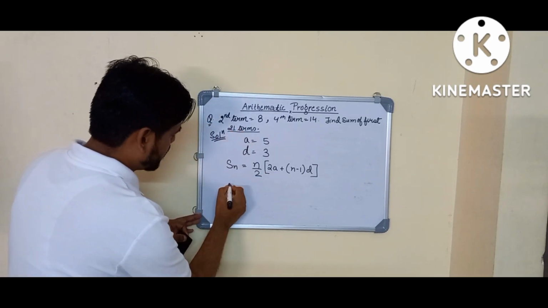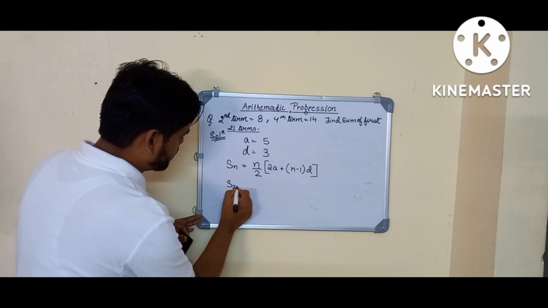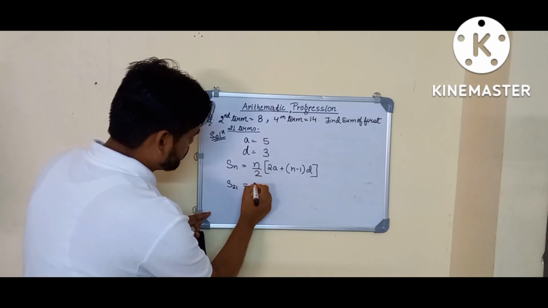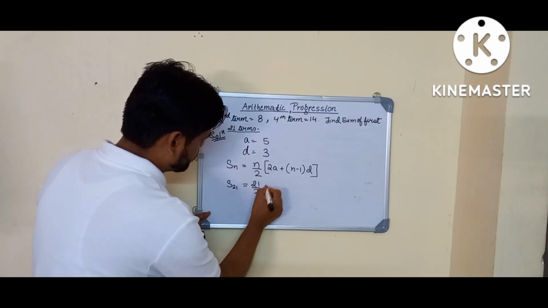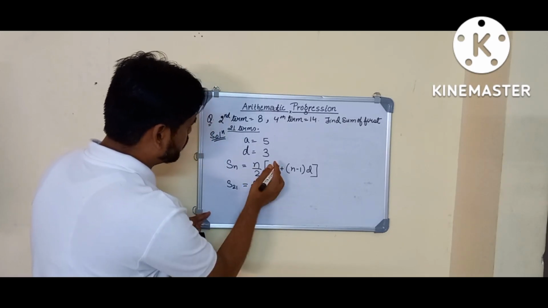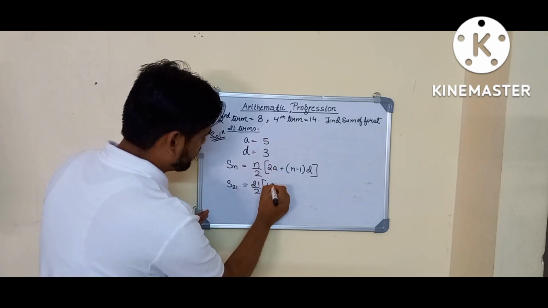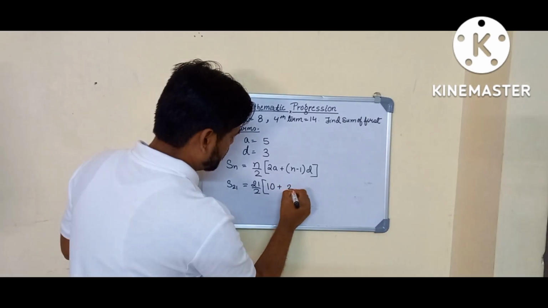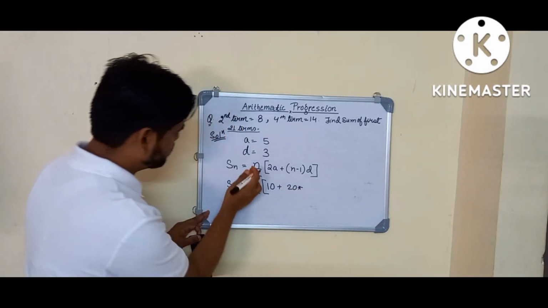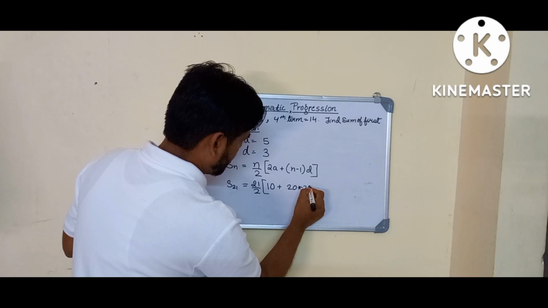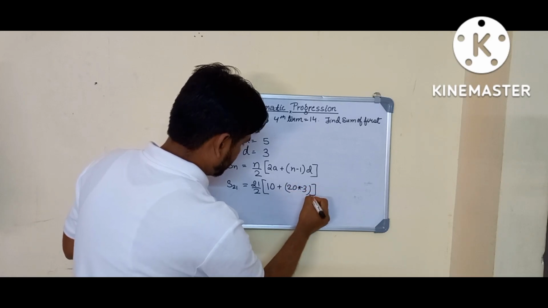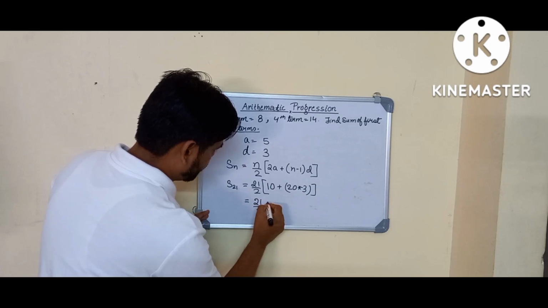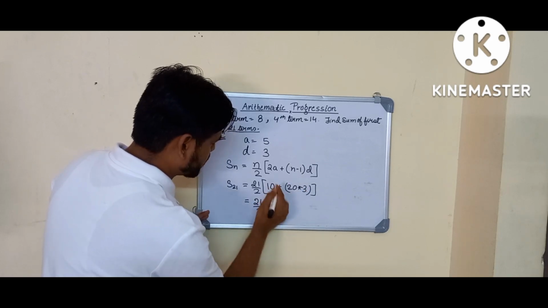Here for the sum of 21 terms, n will become 21, so we can write it like this. n is 21 upon 2, then this gets multiplied by 2 into a, that is 10, plus n minus 1, 21 minus 1, that is 20, multiplied by 3. Therefore we can write 21 upon 2, and then inside it is 10 plus 60, that is 70.